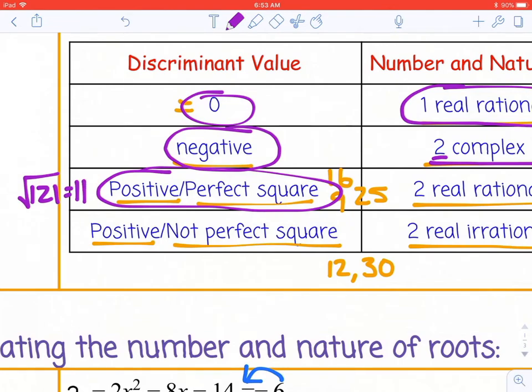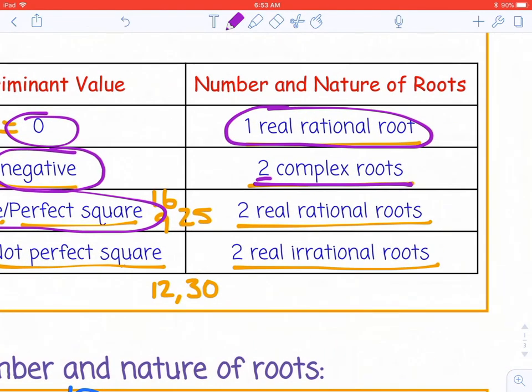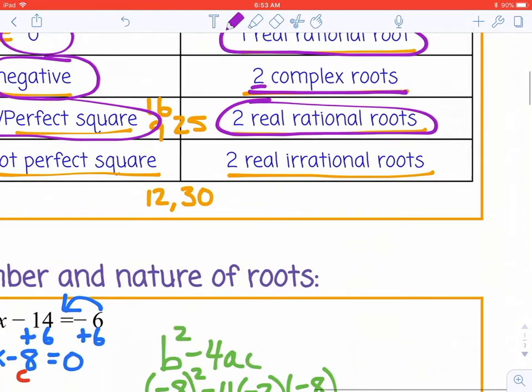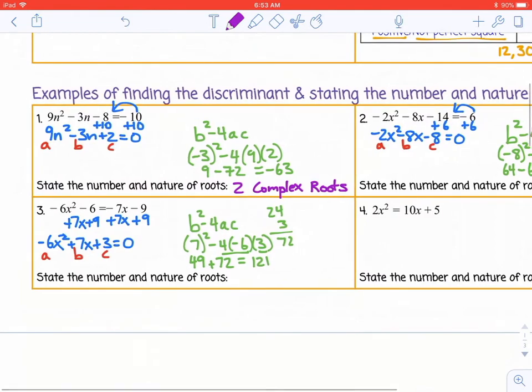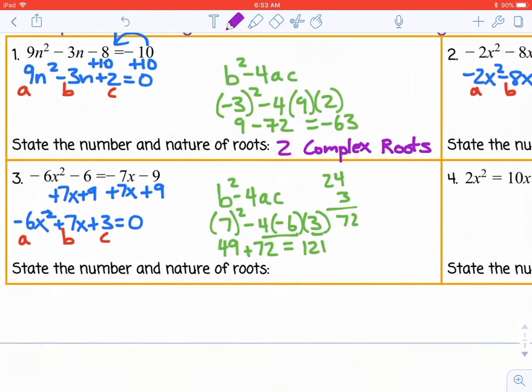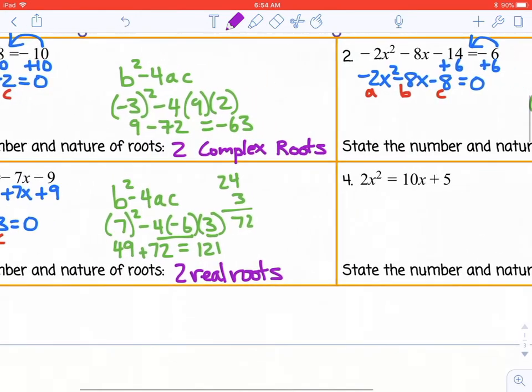So since it's positive and it's a perfect square, we have two real rational roots. So let's put that we would have, let me make it a little bigger, 2 real roots. All right, one more example.